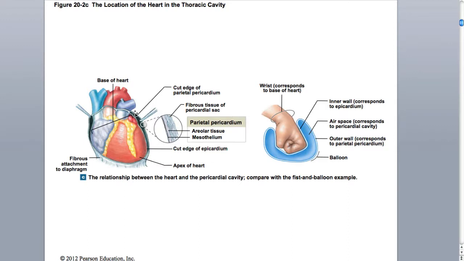And then the outer part of the pouch is called pericardium, or the parietal pericardium. You do not see the visceral pericardium because it's the same thing as the epicardium. So the outer covering of the heart, which is epicardium, is the same as your visceral pericardium. Okay, next.